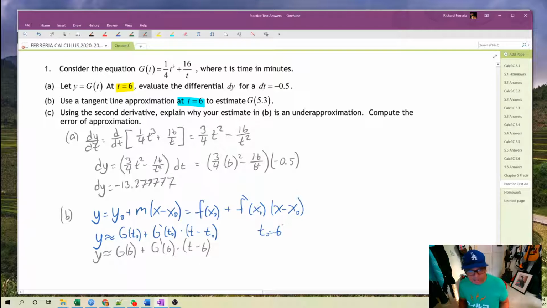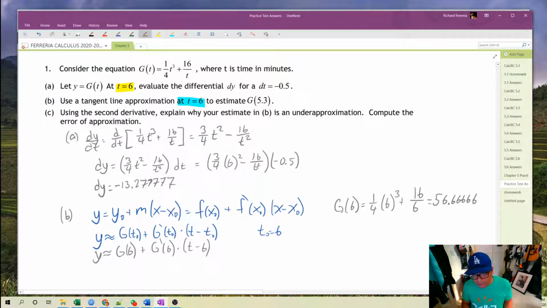So let's calculate a few things. The first thing to calculate is g of 6. g of 6 is equal to 1/4 of 6 cubed plus 16 on 6, and that's equal to 56.66666, 56 2/3 really.